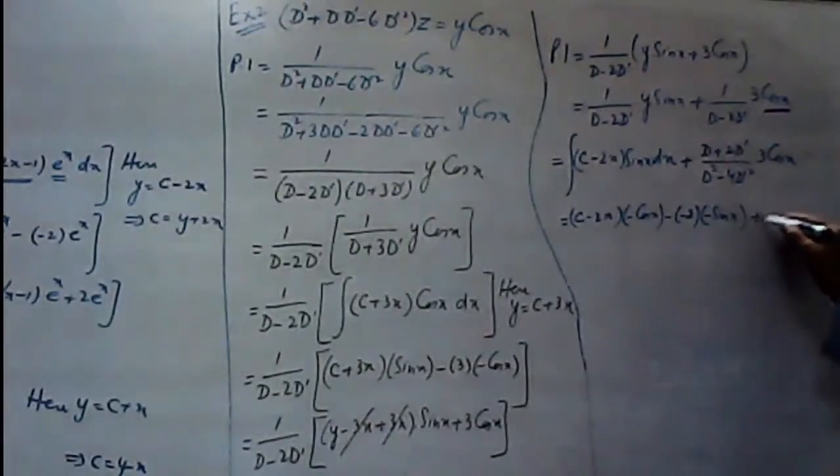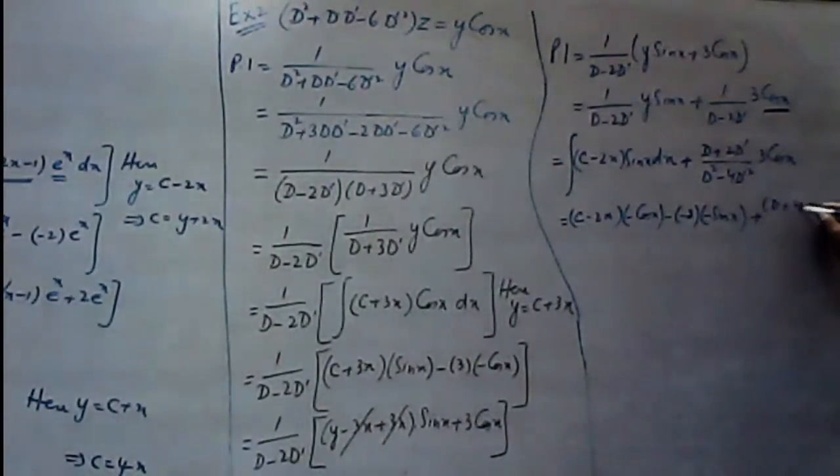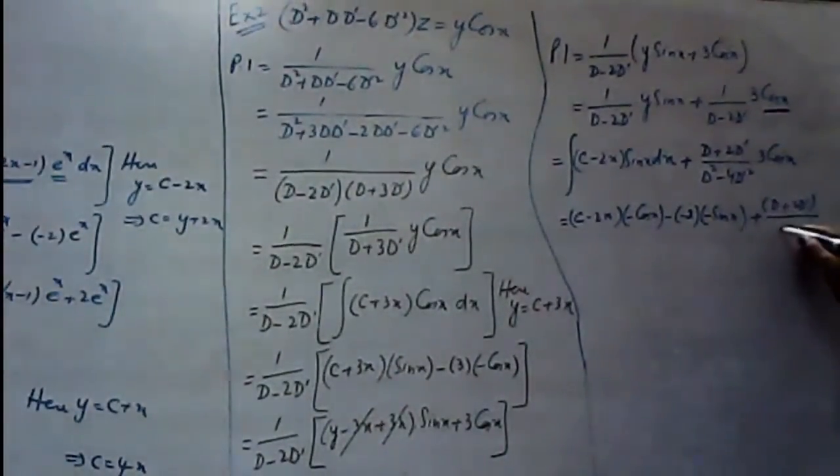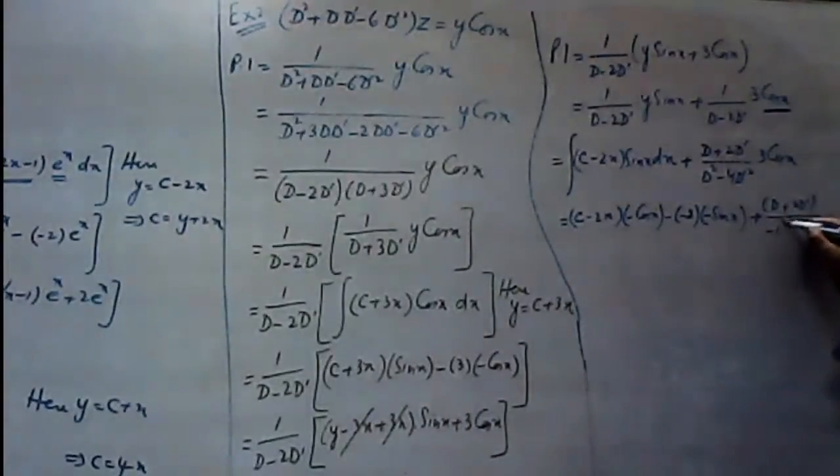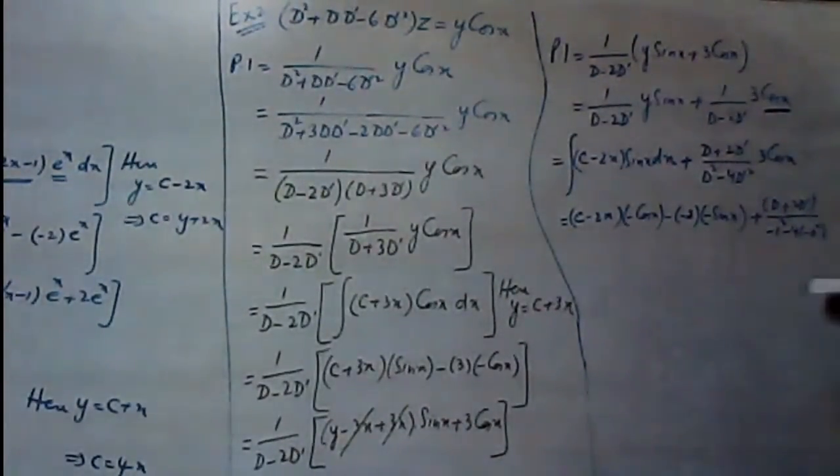And then we have plus (D + 2D') upon, here the value of D² is minus 1, minus 4 into D'² is 0, of 3 cos x.